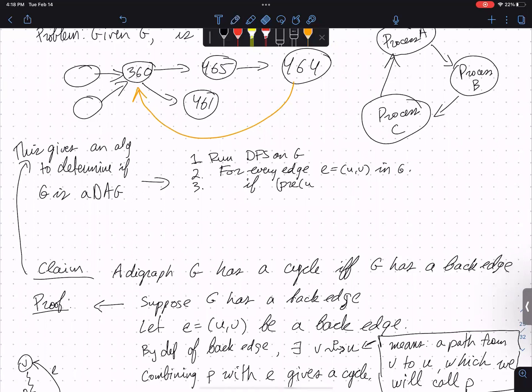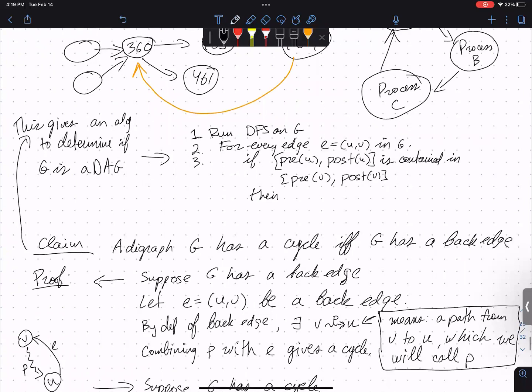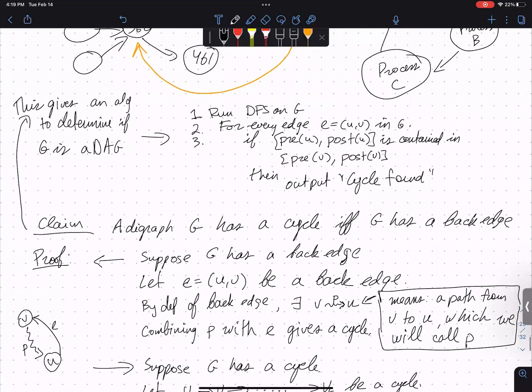pre-U, post-U is contained in pre-V, post-V, then we found a back edge, so we output cycle found and then exit.